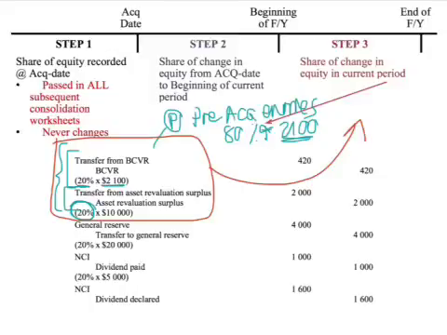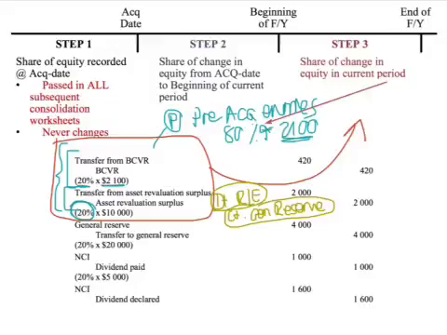So in the subsidiary's accounting records, there would have been an entry: debit retained earnings, credit general reserve. And the effect of that would have been to reduce our retained earnings and increase our general reserve. So it's just a reclassification between two equity accounts.